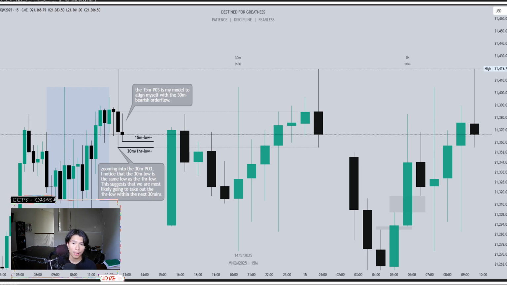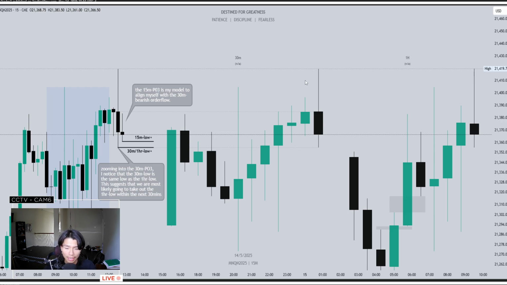The way that I interpret that is that we should complete the hourly objective within the next 30 minutes instead of the next hour, right? So I have a specific time window that I am anticipating for this objective to be completed. Within the next 30 minutes, I want to see us take out the 30-minute low, slash hourly low.